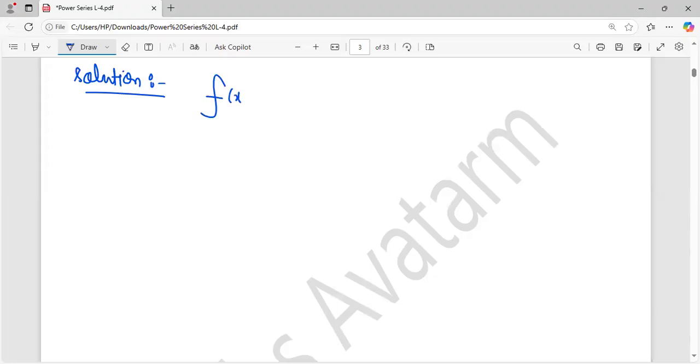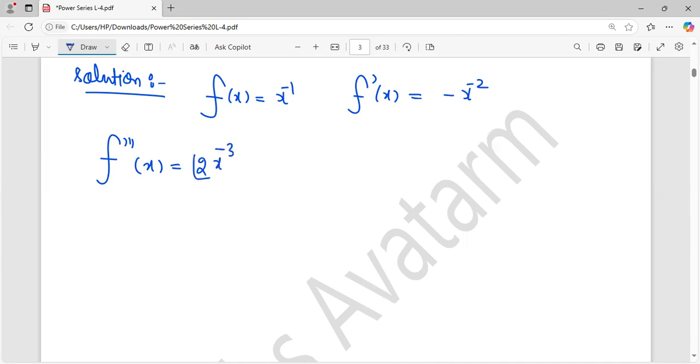What is f dash x? What is the derivative, and so on?